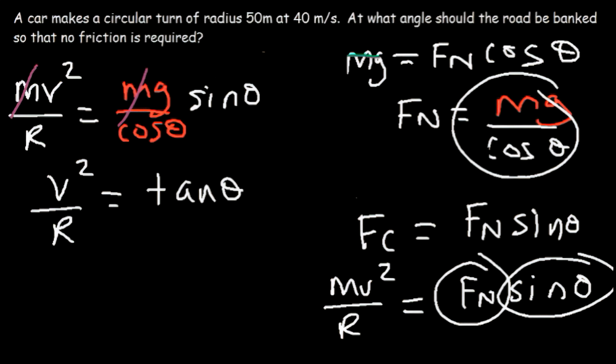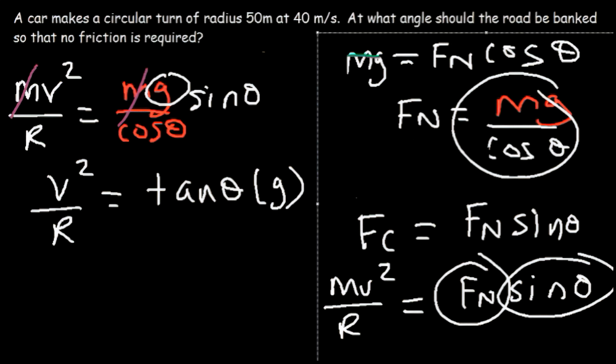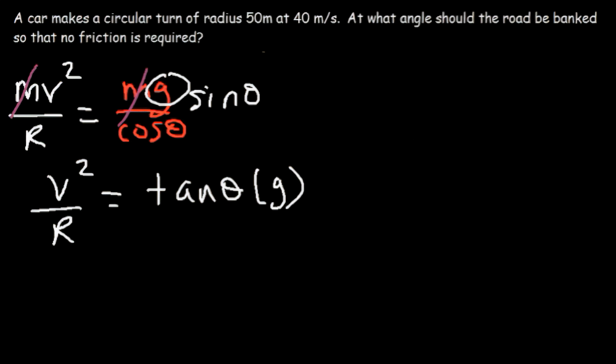So now let's multiply both sides by r. So v squared is equal to r. Actually, I'm forgetting something, and that's g. So this is tangent times g. So what I want to do actually at this point is divide both sides by g. Dividing both sides by g is the same as multiplying by 1 over g.